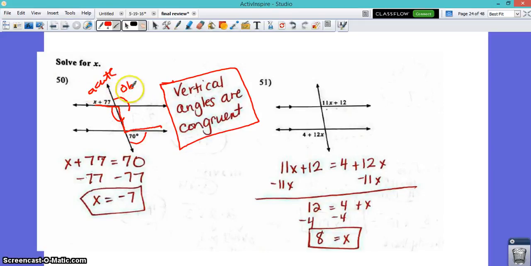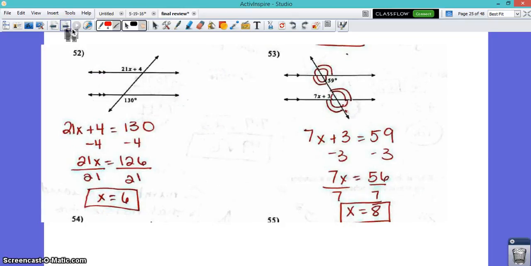So those two would equal 180. But this is acute and this is also acute. So if they're both acute or both obtuse, chances are they're equal to each other. If they're opposite, chances are they're equal to 180.